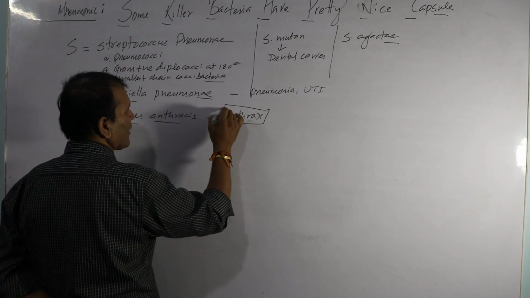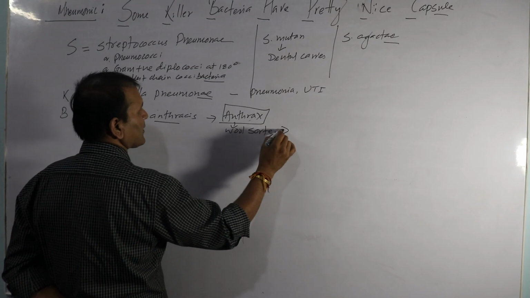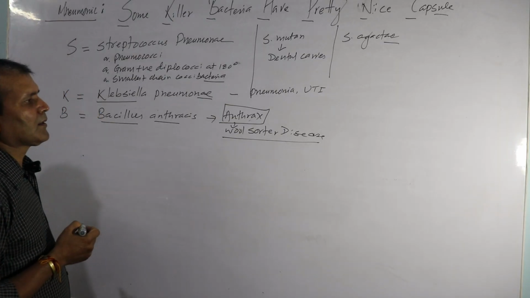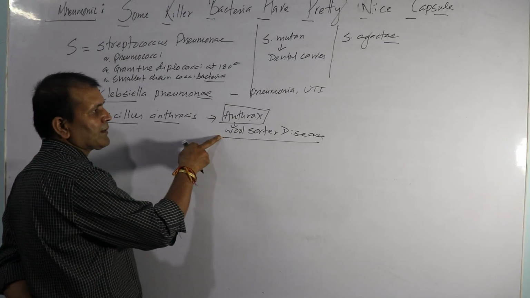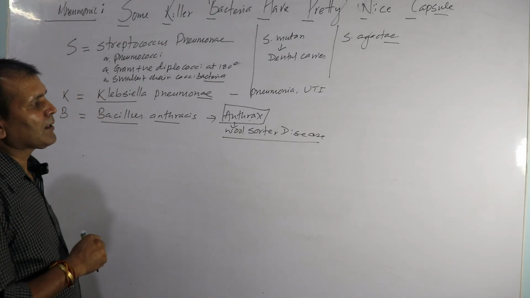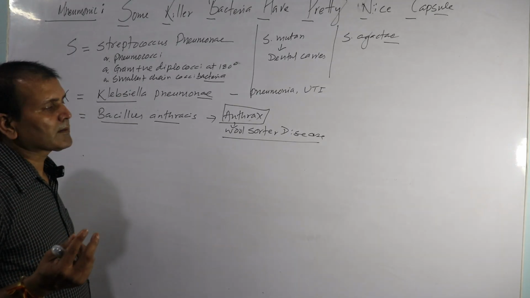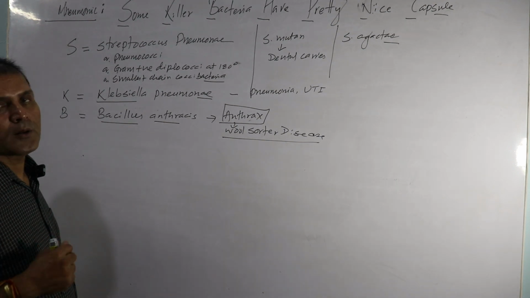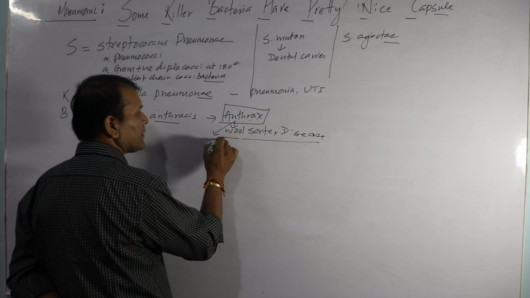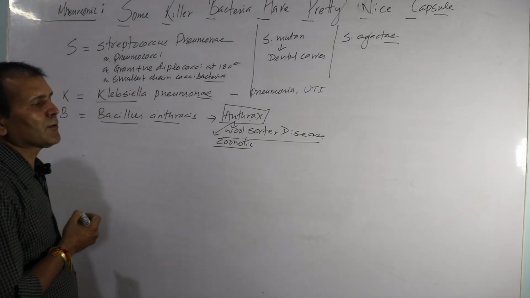The anthrax is also called Wool-Sorter's disease. So the anthrax is commonly associated with the person who are in close contact with animals. For example, farmers, butchers, veterinarians, hide sorters, or wool sorters. So anthrax is a zoonotic disease.